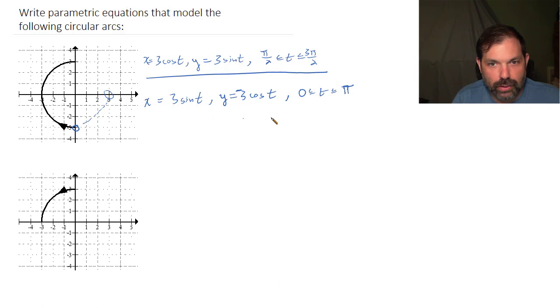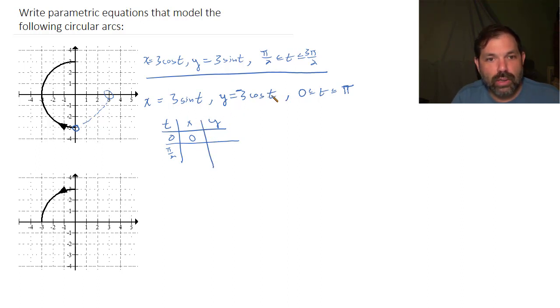Let's check this with a brief chart: t equals 0 and pi over 2, and then x and y. If t was 0, 3 times the sine of 0 is 0, and negative 3 cosine t, the cosine of 0 is 1, so negative 3.